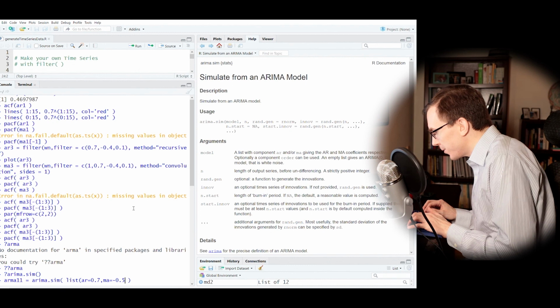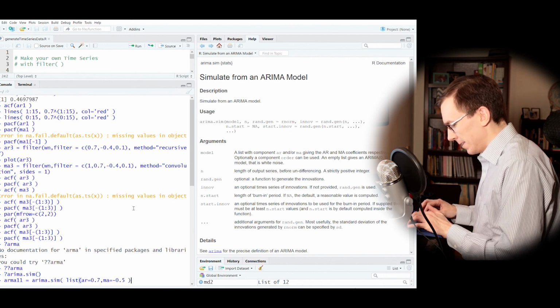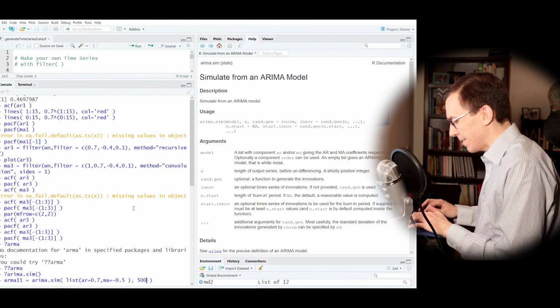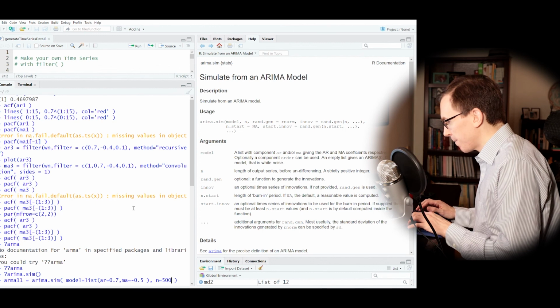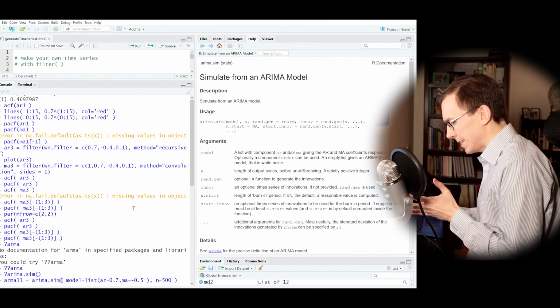I think everything else should be good. Oh, we need to tell it how many data points we want. So let's say 500, n is 500. I'm going to make sure it knows that this is the model, even though it's the first argument, so we should be good. Our noise is going to be random. Let's see if that works.